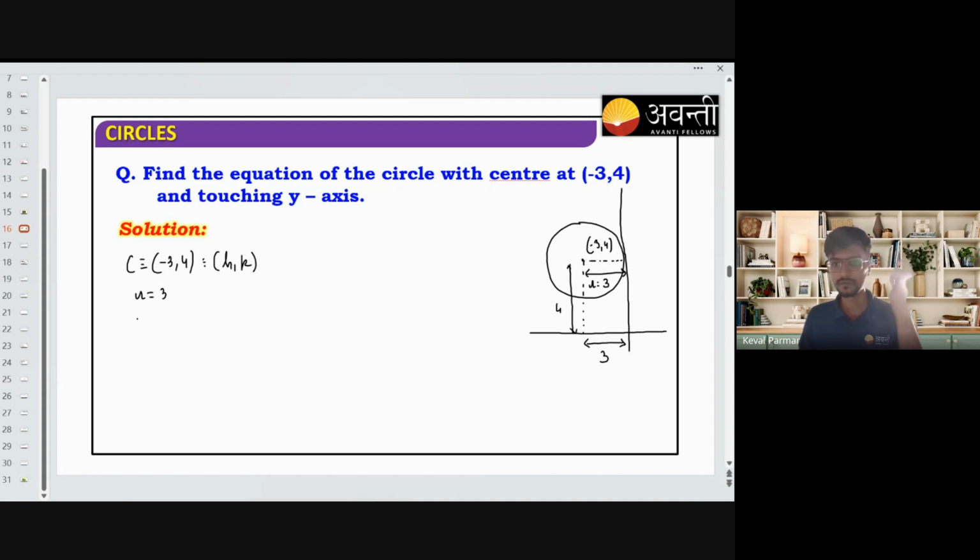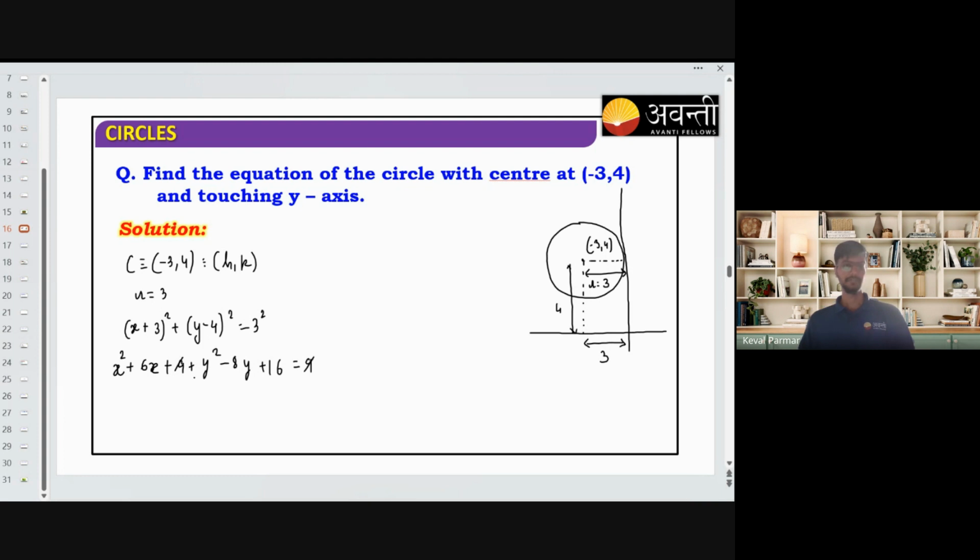So what is the equation of circle, guys? The equation of circle will be x minus h the whole square plus y minus k the whole square equals r square. So it will become x plus 3 the whole square plus y minus 4 the whole square is equal to r square. If we open it, I'll get x square plus 6x plus 9 plus y square minus 8y plus 16 is equal to 9. This 9 and this 9 will get cancelled.